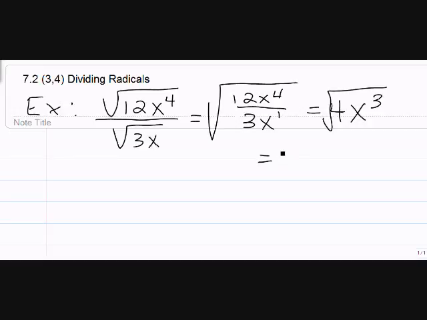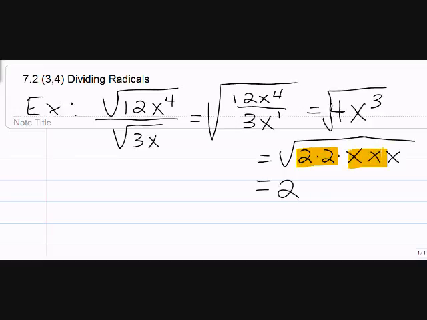So 4 is 2 times 2, so this is the square root of 2 times 2 times x times x times x. Let me pull off my pairs since it's a square root. So I got a pair of 2's there, and that gives me a 2 outside the radical.